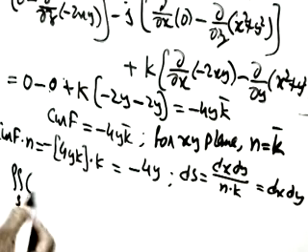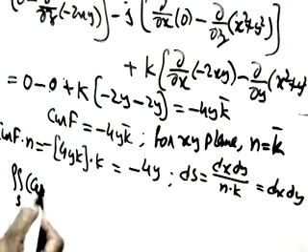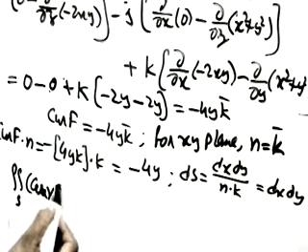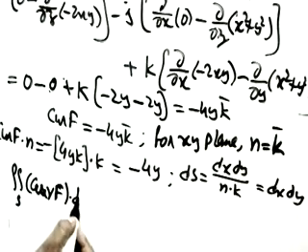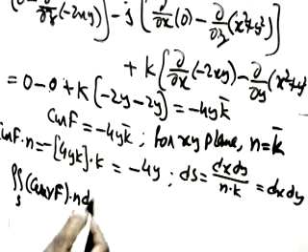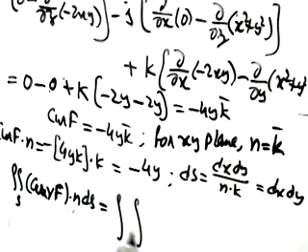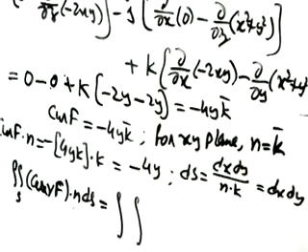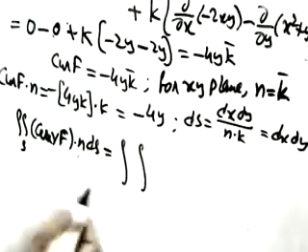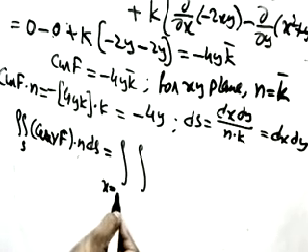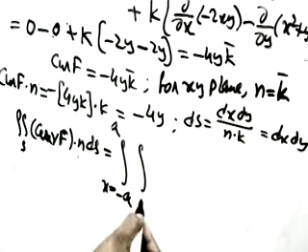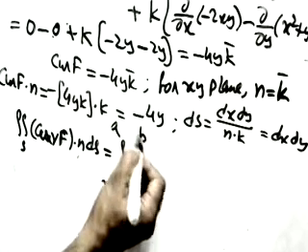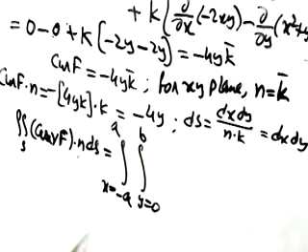Now let me solve this one. See here, the surface integral of curl f dot n ds equals, you see here we have to take the limits. How are the limits? x is from minus a to a, just now we have seen the figure. x is minus a to a, y is 0 to b.